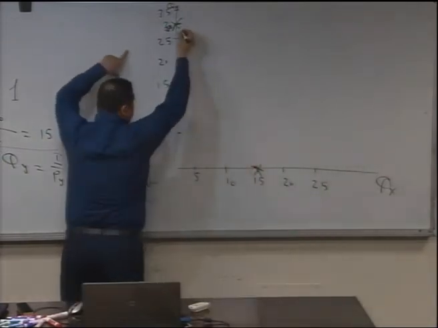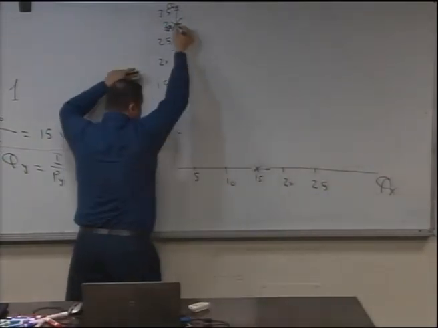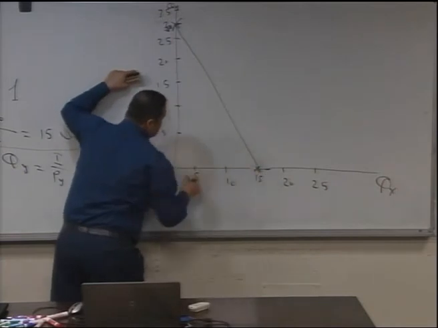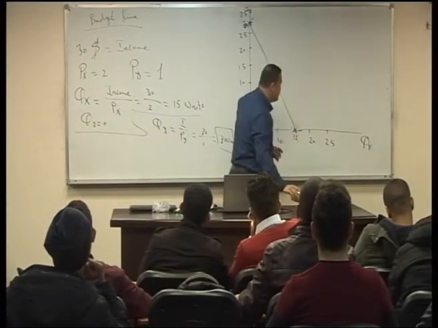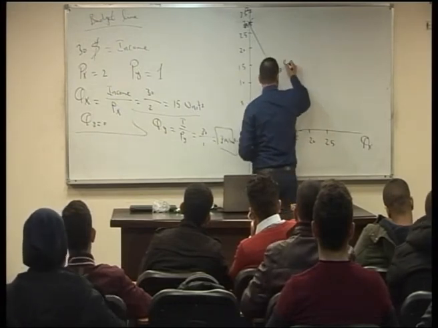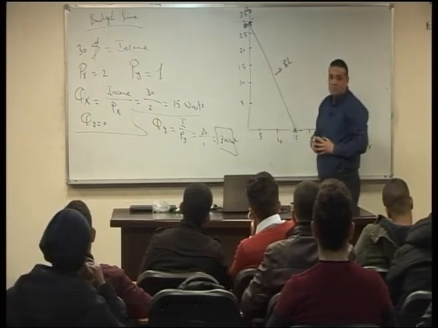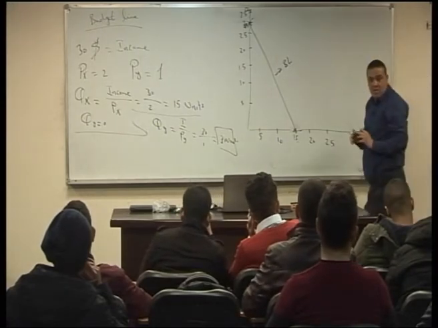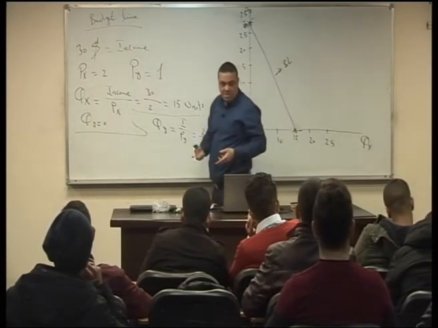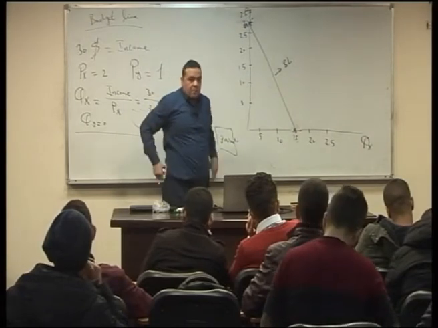We have to connect these points. This is the budget line. The budget line represents or shows the ability of the consumer to buy different bundles of goods.